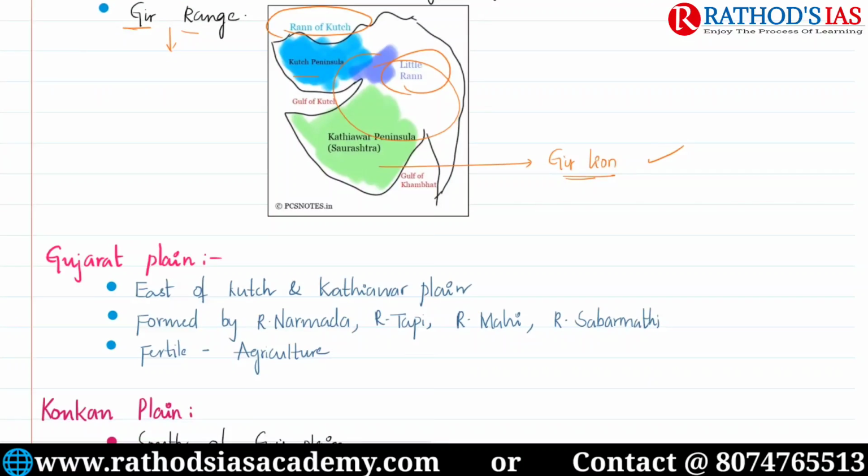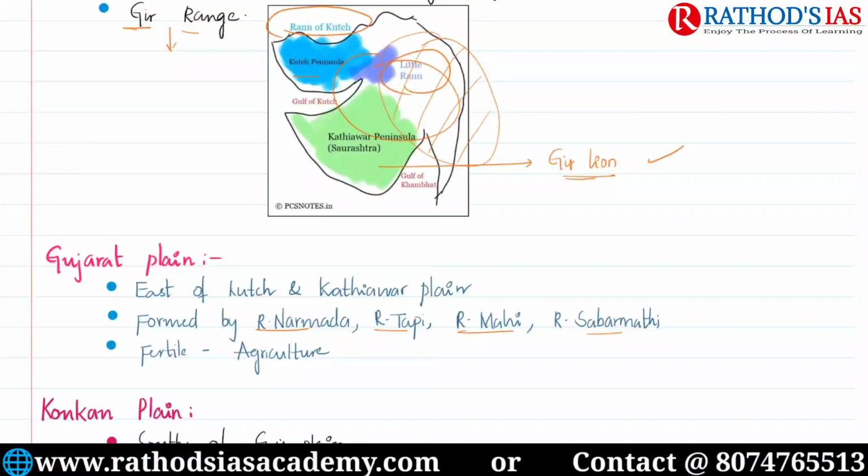And now let us see one more important area which is present here, the Gujarat plain. So here we can see this Gujarat plain, so it is also very important. Gujarat plains lie east of this Kutch and Kathiawar region. And actually these plains were formed by river Narmada, river Tapi, river Mahi and river Sabarmati.